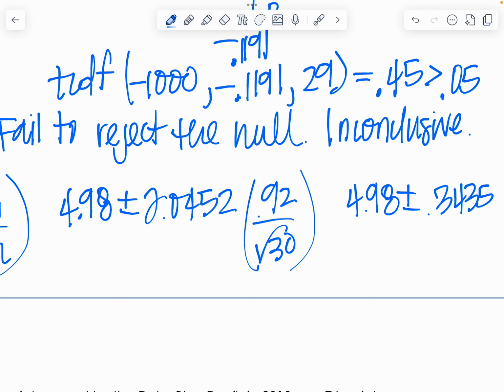Okay, so 4.98 minus that is 4.6366. So I'll just say 4.64 to 5.32. And that is milligrams per liter.